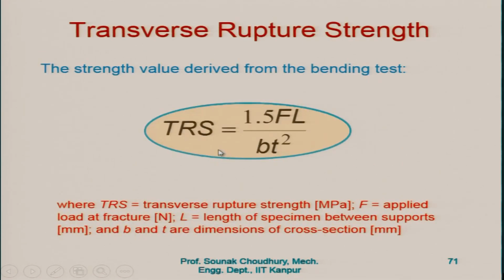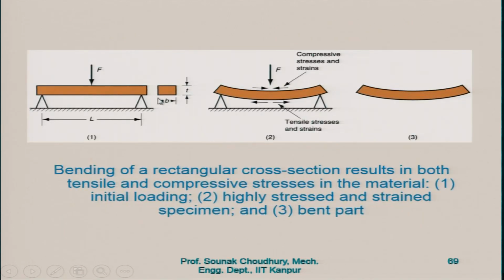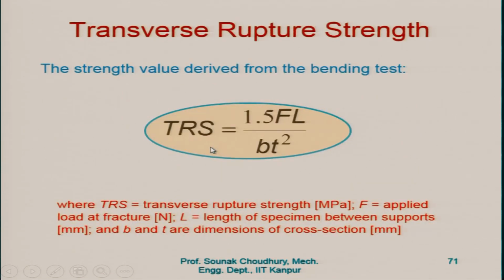B and T, as you can see, this is the B and this is the T in the cross section. So this will be divided by B times T squared. This value is equal to the transverse rupture strength, and it is expressed in megapascals.